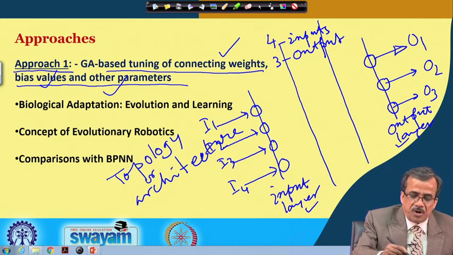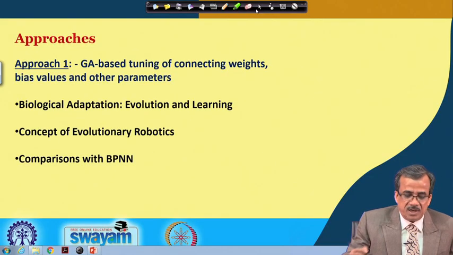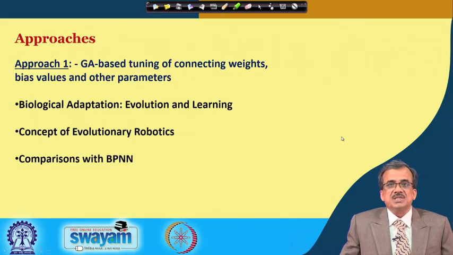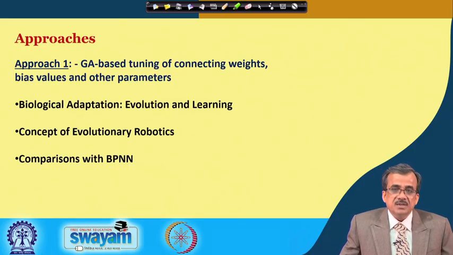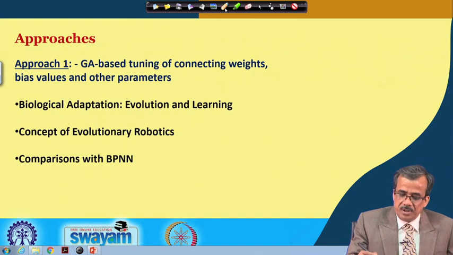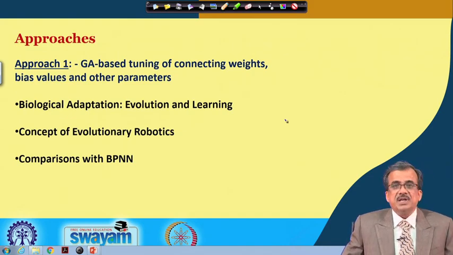Now, before I go for the principle of approach 1, I just want to discuss one fact from biological adaptation. If you see the principle of biological adaptation, there are 2 things.